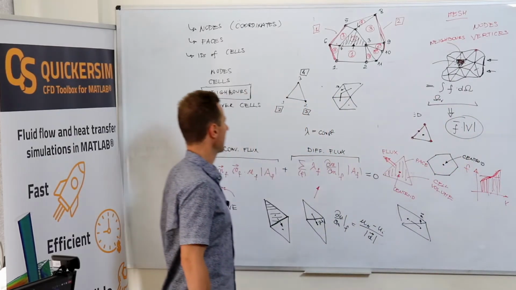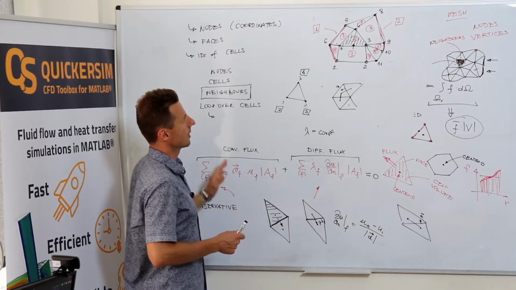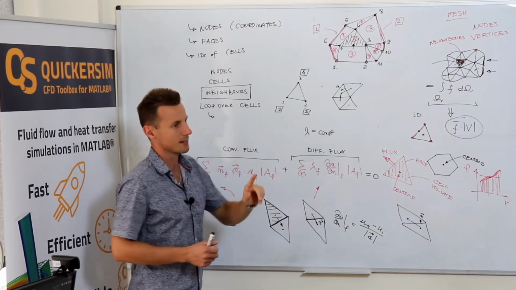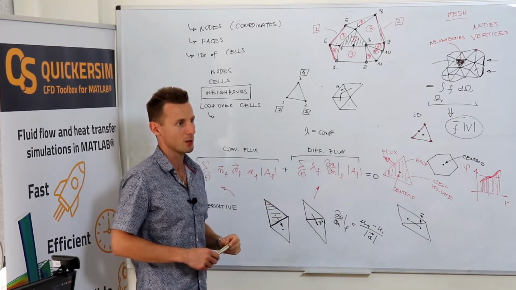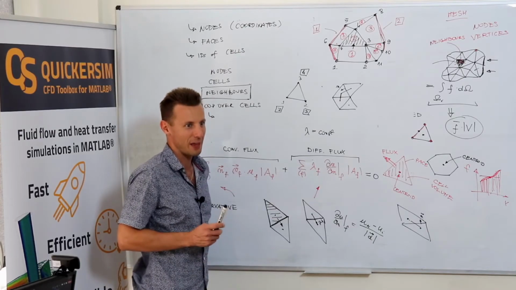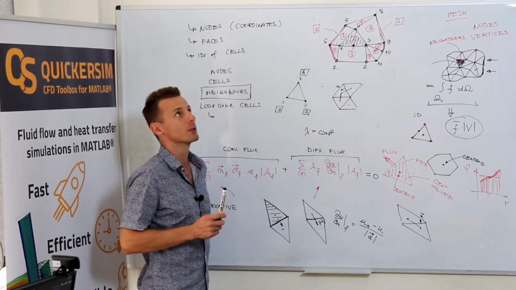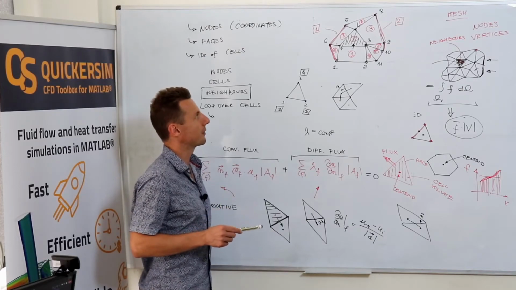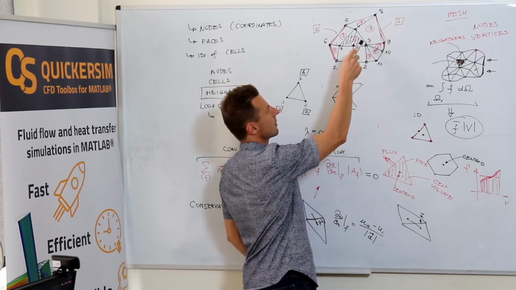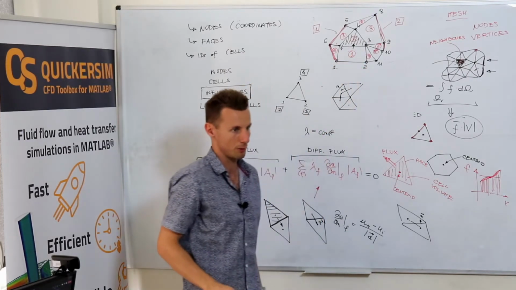So what's the better approach? The better approach is to exploit the information about what are good candidates for being a neighbor for me. Good candidates for being a neighbor for me are the cells that already have at least one common node with me.